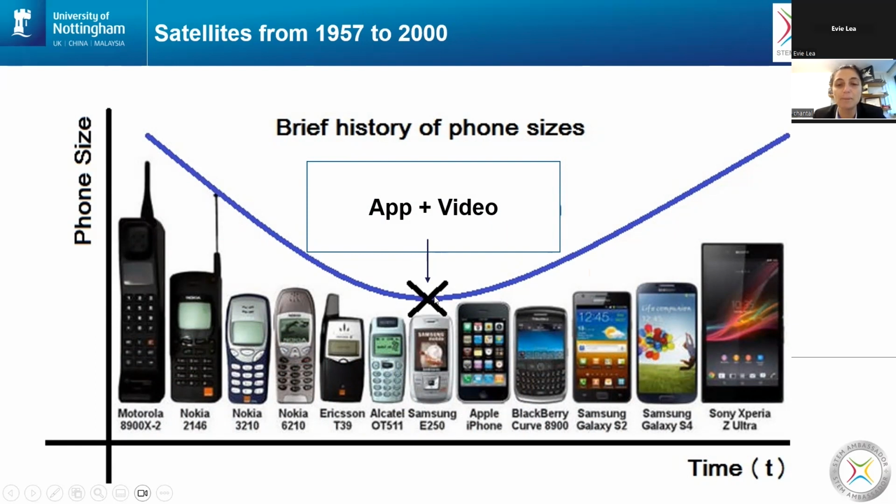Of course, using apps and video, we want to see better, so the size of our phone continued to grow, up to now that we are using a very big phone compared to the one we were using 3 years ago. But the performance of these mobile phones is not at all comparable with this one. The first ones were just able to do what a phone is designed for, so just make calls. Afterwards we introduced the possibility to send text messages, video calls, and now we can also watch movies on our own phone.